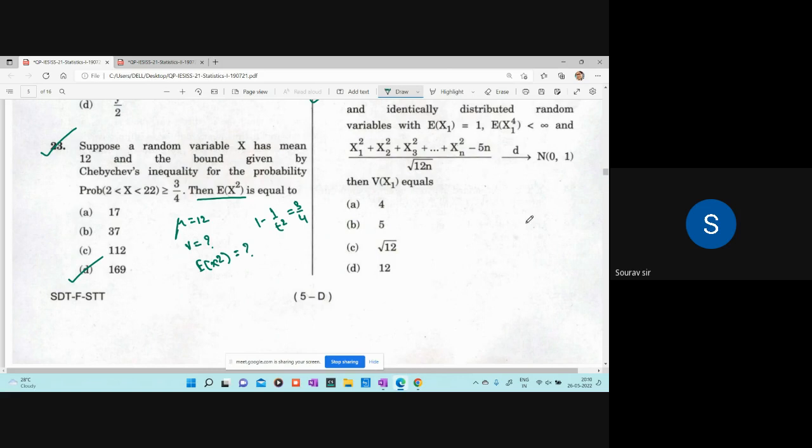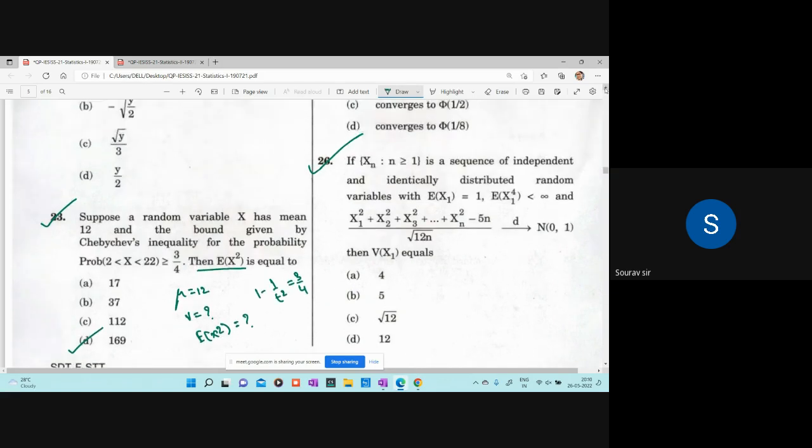Okay, next going for this particular sum, question 26. Here they are saying that Xn is a sequence of independent and identically distributed random variables. So the information given is Xn is an IID sequence, expectation of X1 equals 1.